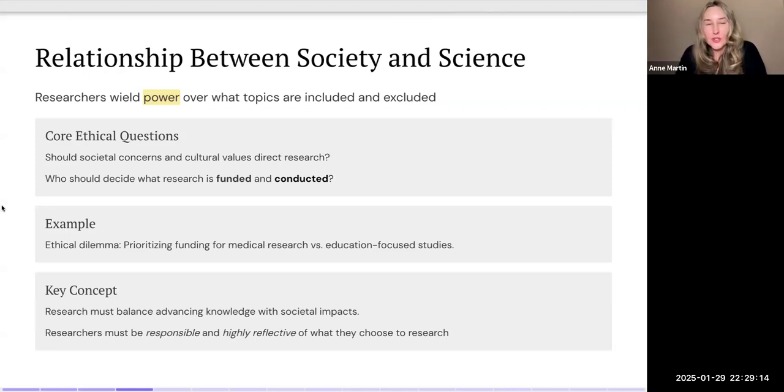So it's important that researchers be critical about this when they are choosing their topic, to make sure that it's advancing knowledge and having a positive impact on society and not excluding topics that are also important and perhaps understudied.